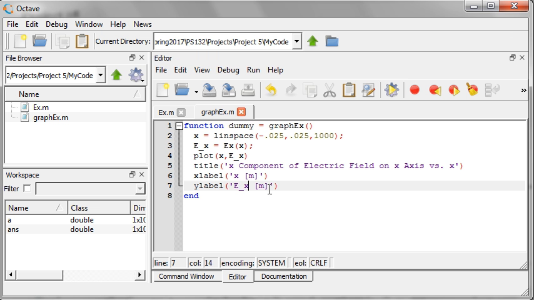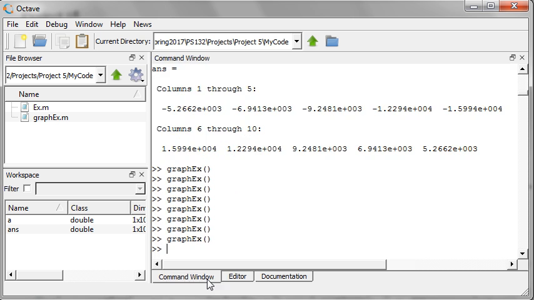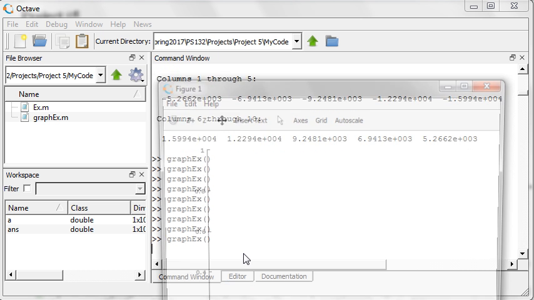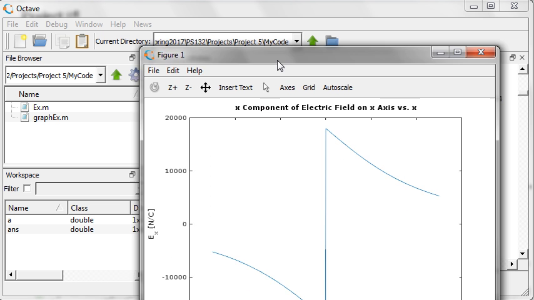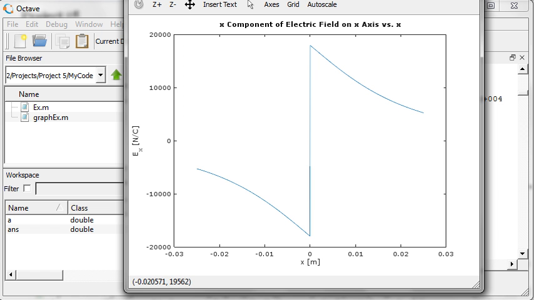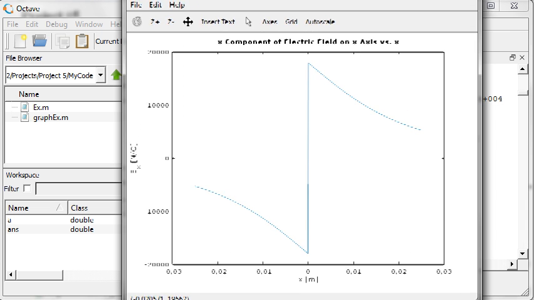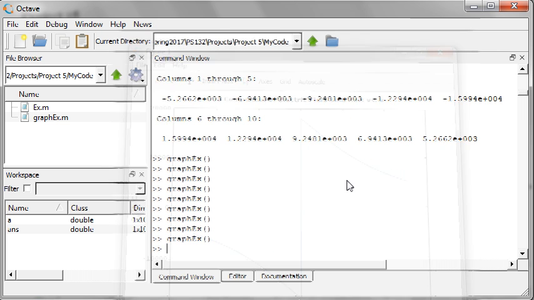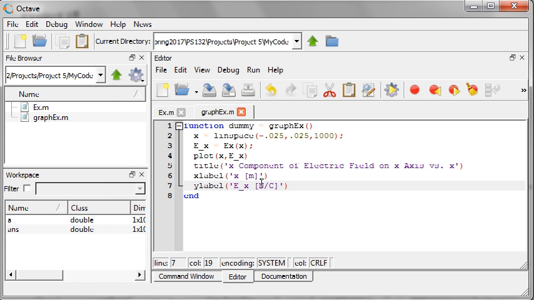How about newtons per coulomb? Control S. E sub x in newtons per coulomb versus x in meters, and I think I'll put an extra space between the quantity and the units because I think it'll look better that way.